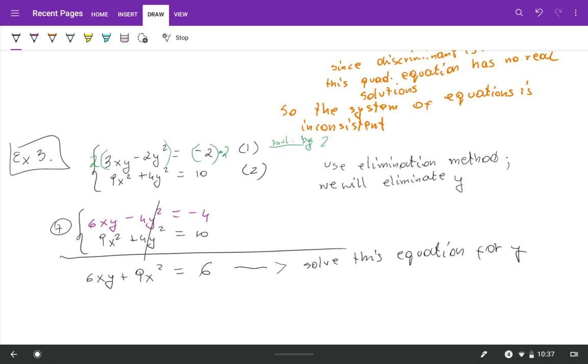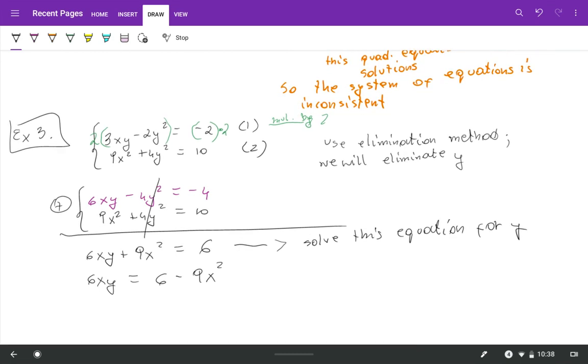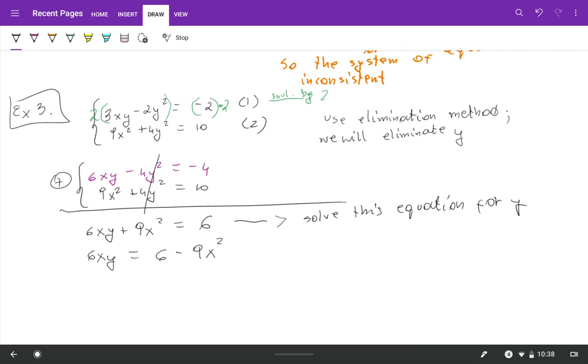Okay, so we're going to solve this equation for y. So I have 6xy equals 6 minus 9x squared. So I move that 9x squared to the right side. And to solve this equation for y, I need to divide each by 6x.